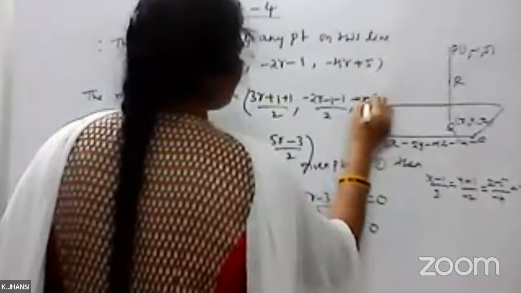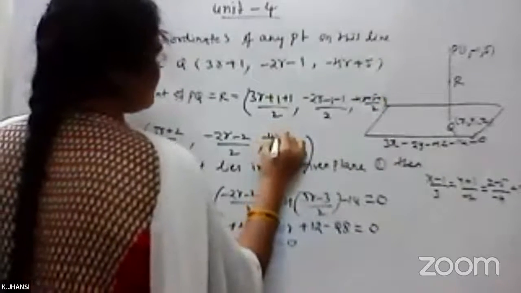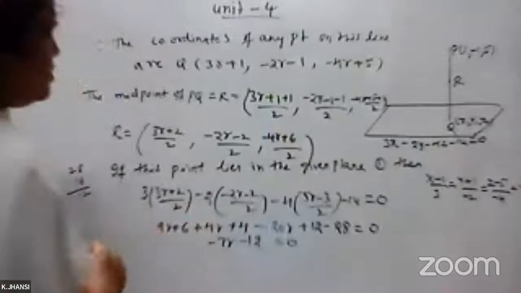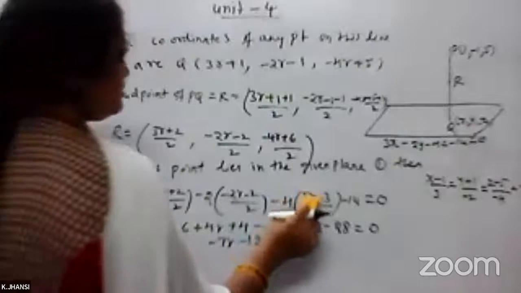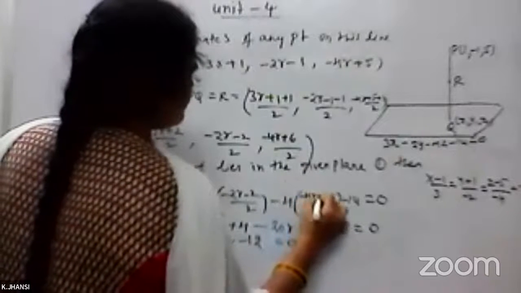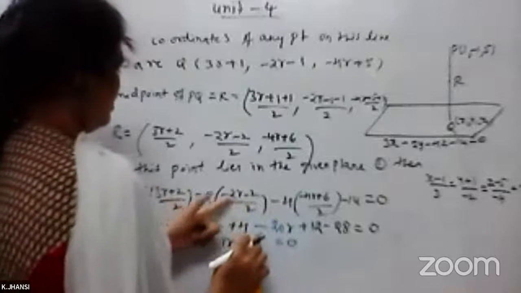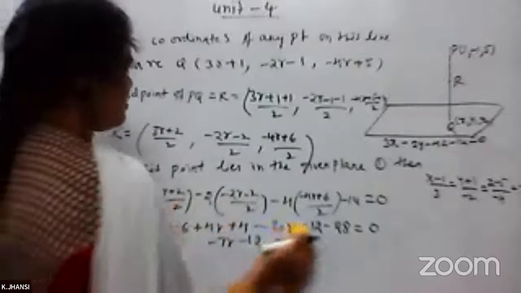plus 5 plus 1 by 2, means here minus 4R plus 6. So here it will be, how much will you get, in 2R minus into minus plus 4R.